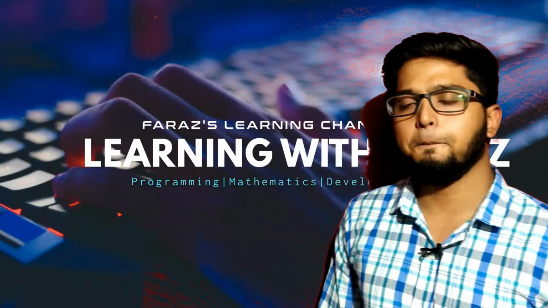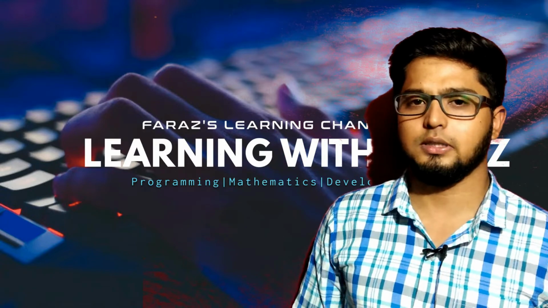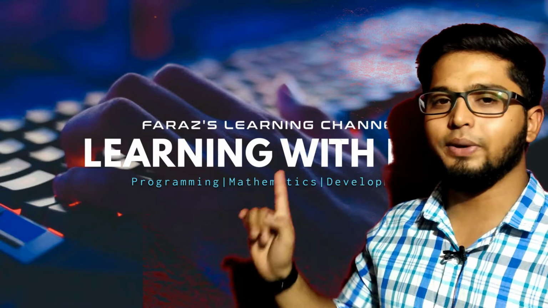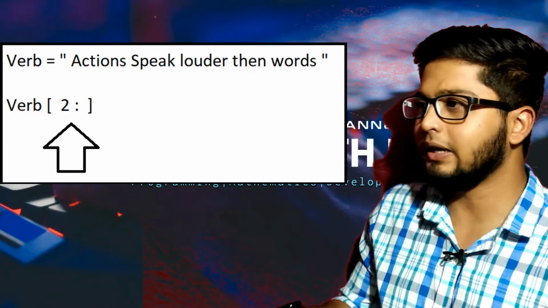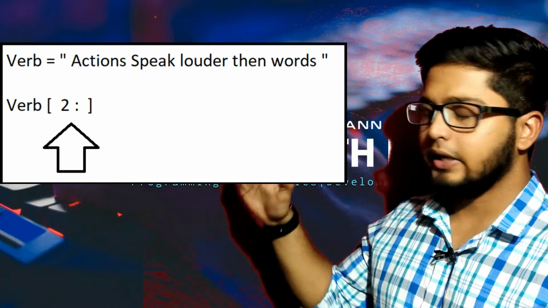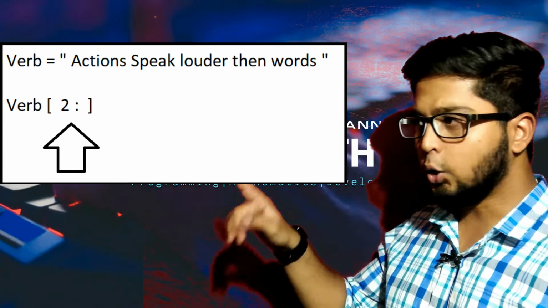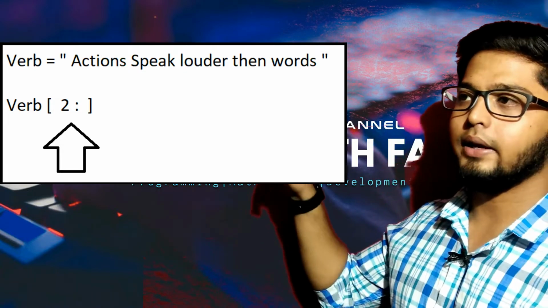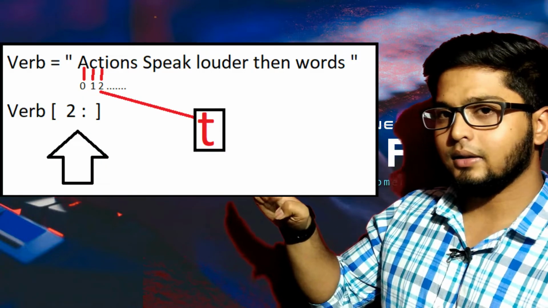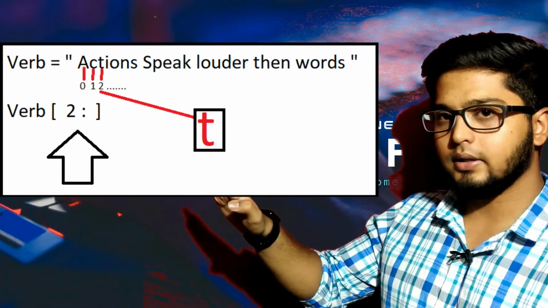That is your second case where you are just specifying the starting index and omitting the ending index. So for example, if I take again action speaks louder than words, if I take that variable name, open the bracket, take 2 colon and leave that blank and close the bracket. What will happen, see here, it will start the string from the second index.